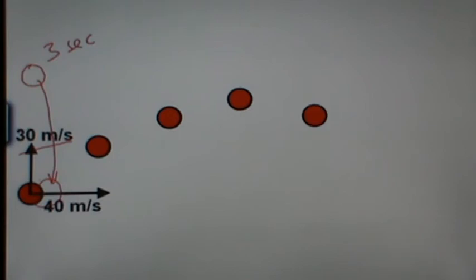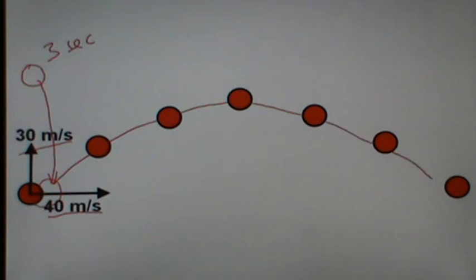The ball will also move forward due to the horizontal velocity 40 meters per second, and it's also moving upward, so the ball eventually will be moving in the parabolic motion, just like we observe in Professor Lewin's demonstration.